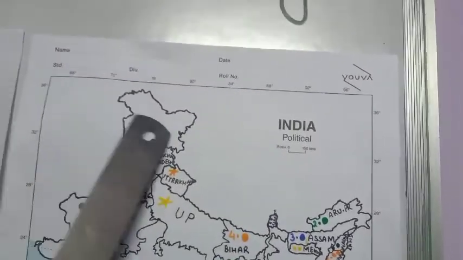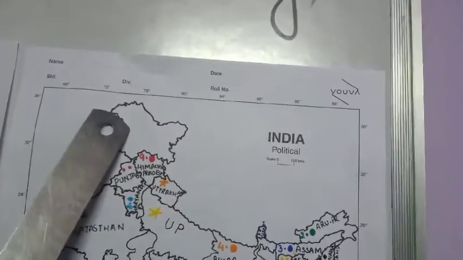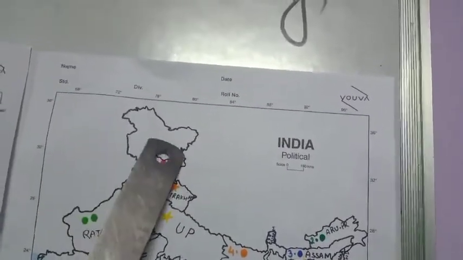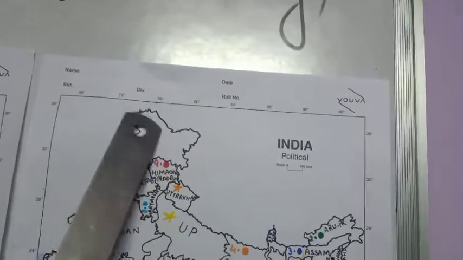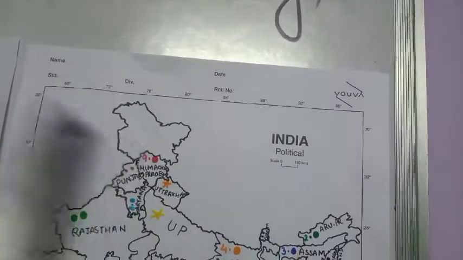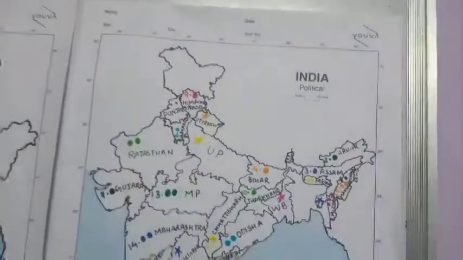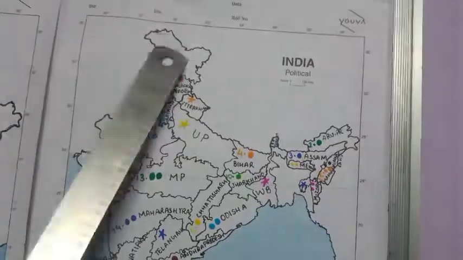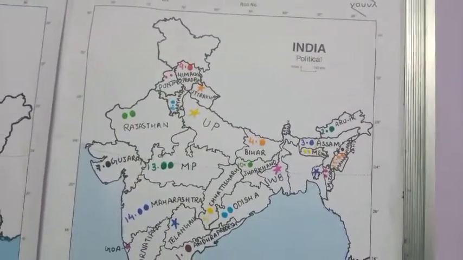The upper part from this point, this internal prominent part, if you join this area, that is Ladakh, and the lower part is Kashmir. So Jammu and Kashmir is a union territory, it is not a state.